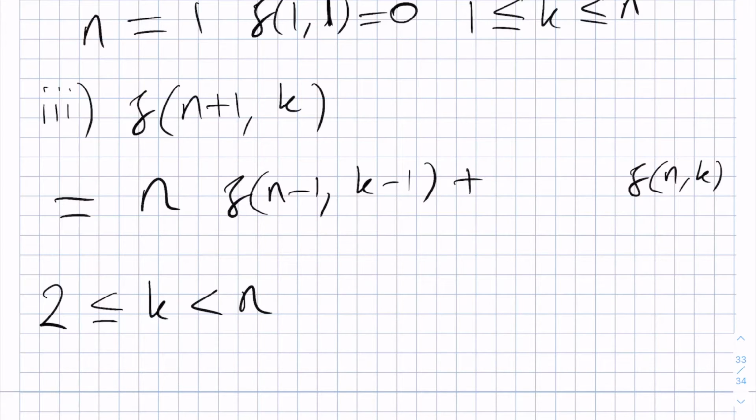The number of ways to do this is k, because there are k such subsets to add the n plus 1 to. And so we get this formula here: f of n plus 1,k is equal to n times f of n minus 1,k minus 1 plus k times f of n,k.